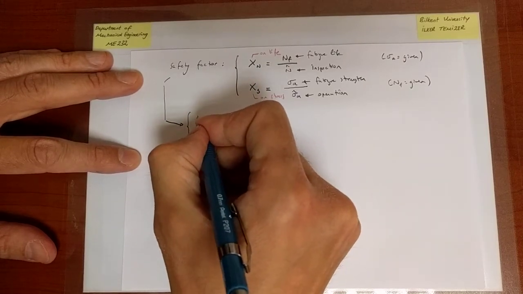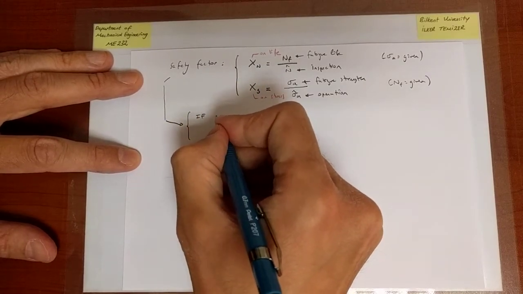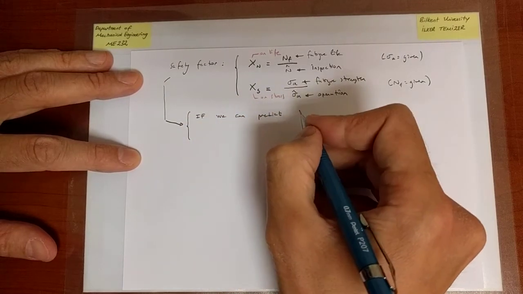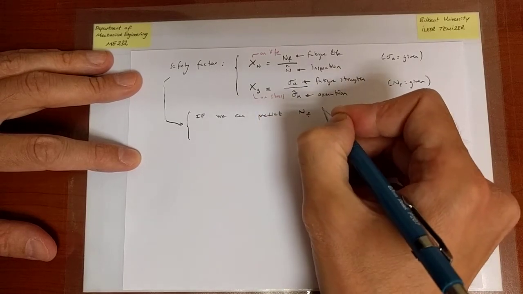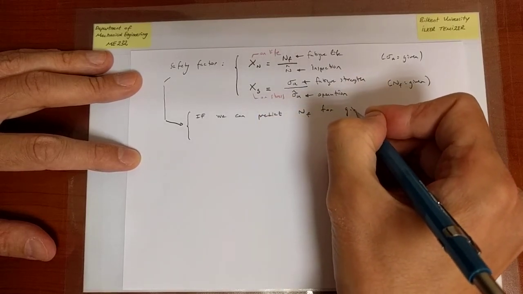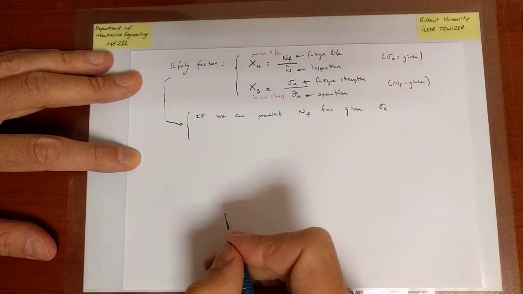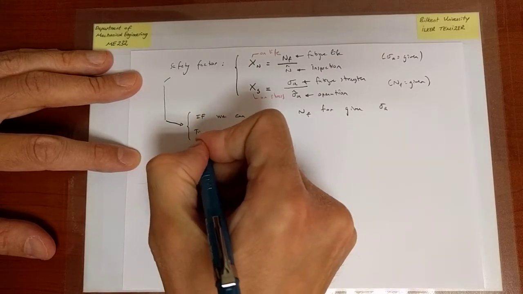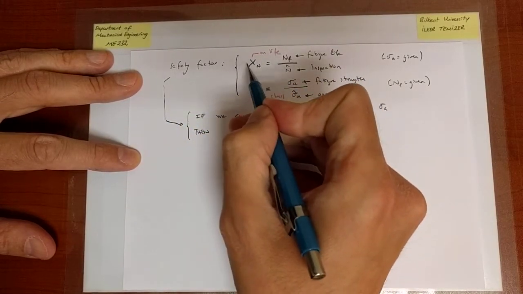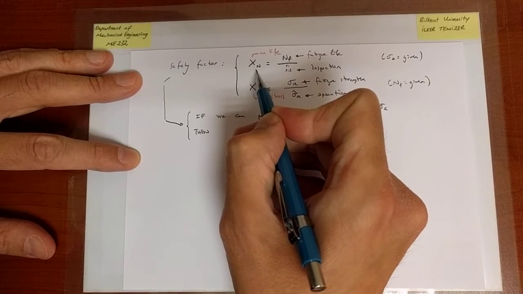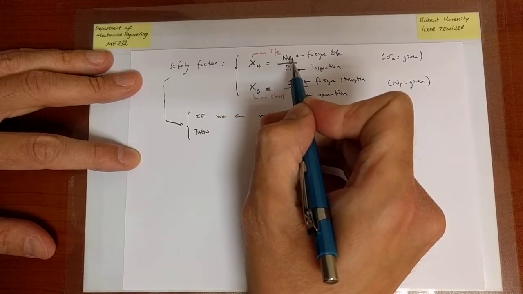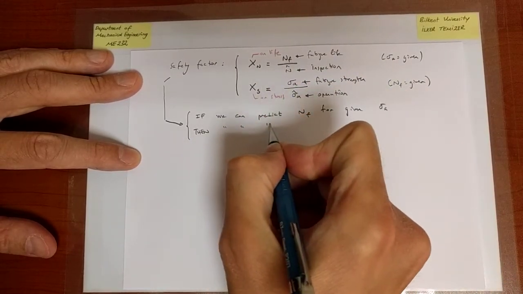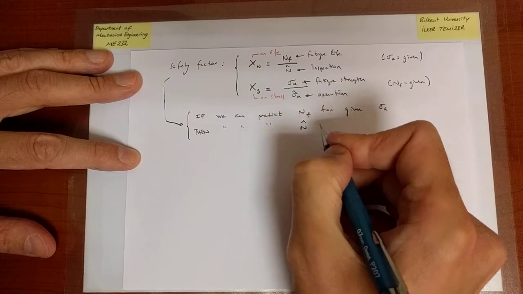If somehow we can predict, for a given stress amplitude, the number of cycles to failure, so if sigma A is given and I have a model that is able to deliver NF, then within a given safety factor, if the desired safety factor value is known, and the fatigue life is known for a given stress amplitude, then we can predict when we want to do inspection.